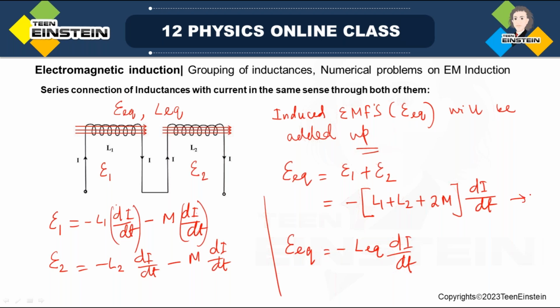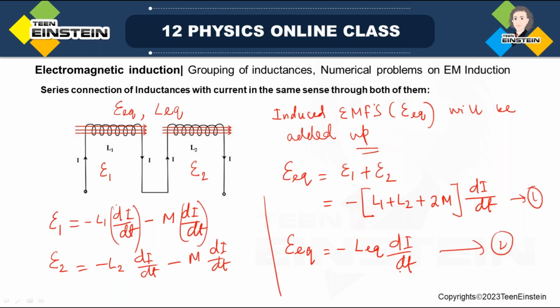So if I compare these two equations, equation 1 and equation 2, this actually uses two inductor coils having self-inductances L1 and L2, and the mutual coupling between them is M. But instead of using these two coils, I can use only a single coil which has equivalent self-inductance Leq and which is capable of producing the same induced EMF.